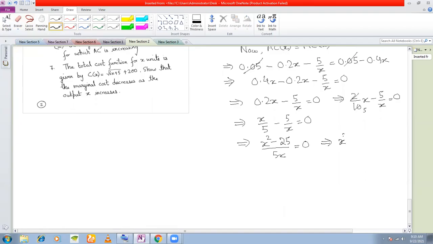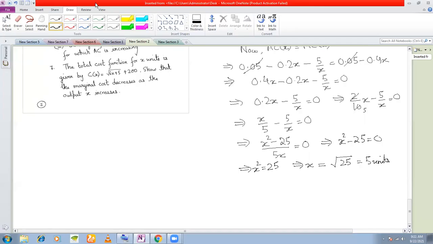That means x square minus 25 is equal to 0, so x square is equal to 25. x is equal to the positive square root of 25, because the number of units cannot be negative, equal to 5 units. So at 5 units, the marginal cost and the average cost are equal. And that is what you needed to find out. Okay, so that finishes this part.